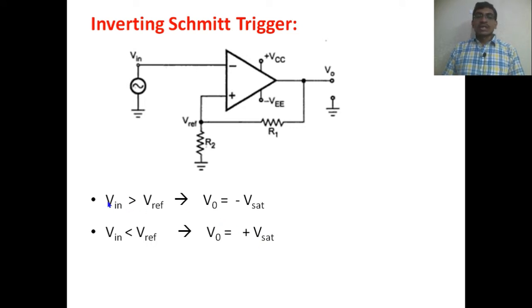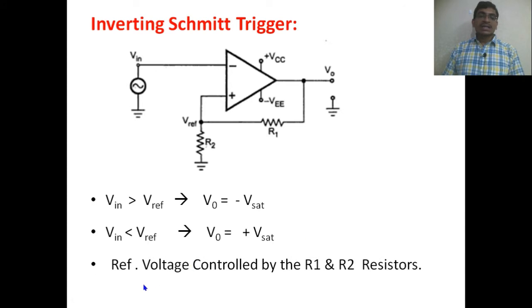Whichever input is greater, that sign is assigned to the output. Here VIN is greater, so it has the sign of minus, and the output is minus. Where V reference is greater, since it is given to the non-inverting terminal, the output will be plus V saturation.